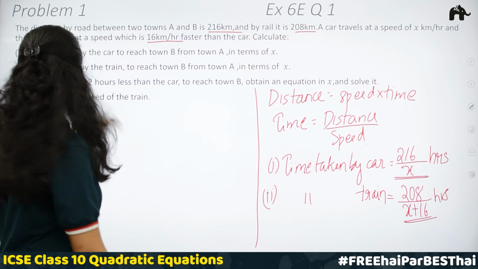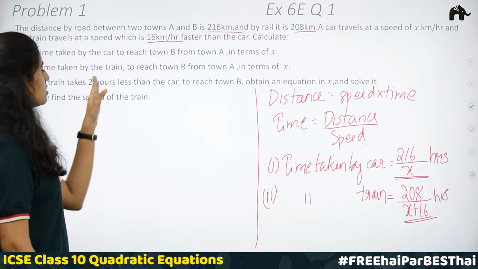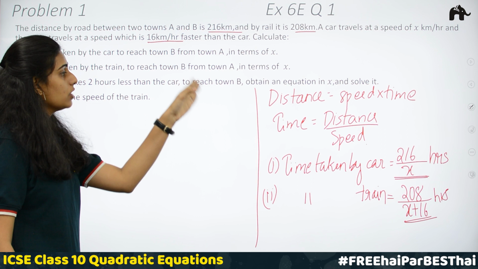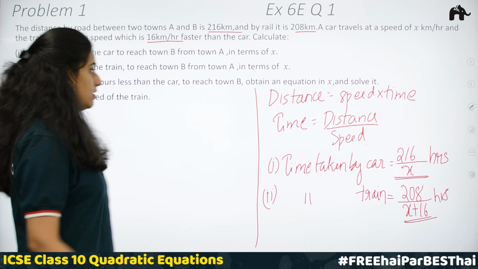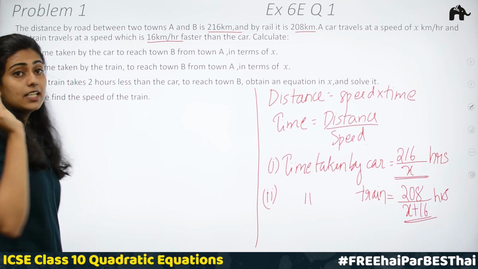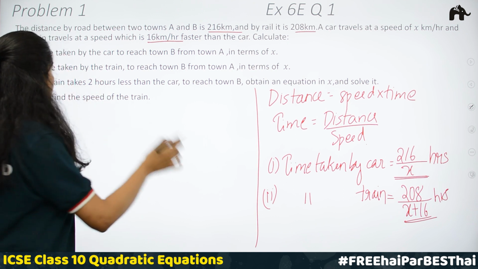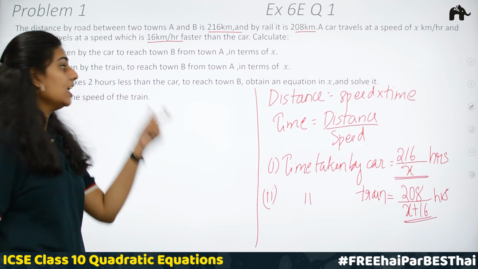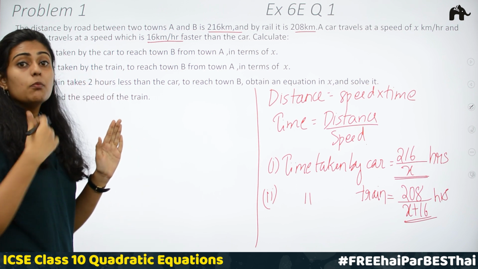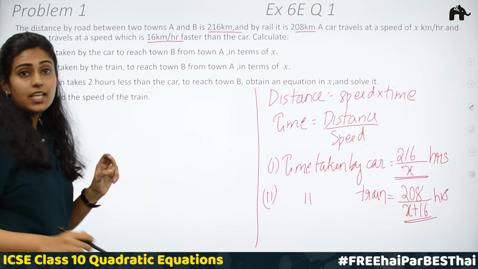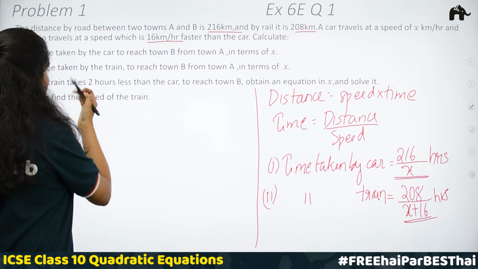Now the third question: if the train takes 2 hours less than the car to reach town B, obtain an equation in x and solve it. Okay, here time taken by car minus time taken by train is 2 hours. That is, we are taking more time when traveling by car.